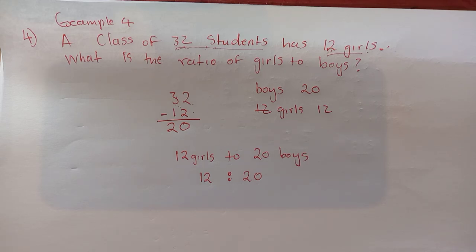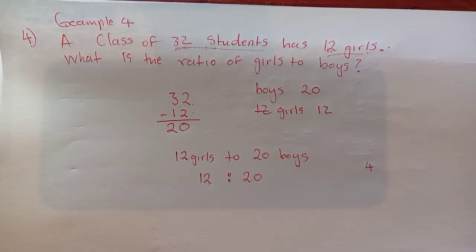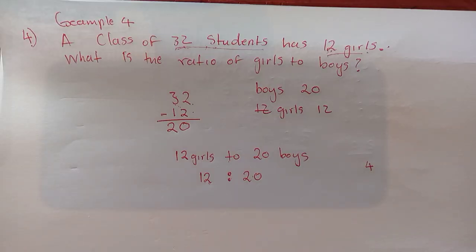Now when you look at this, is there any number that can go into 12 and 20 without leaving any remainder? Let's try 3. 3 into 12 goes 4 times. 3 into 20 leaves a remainder, so we cannot use 3.